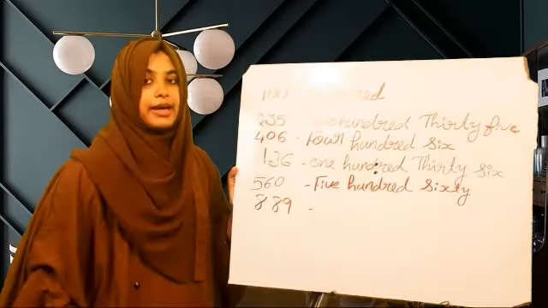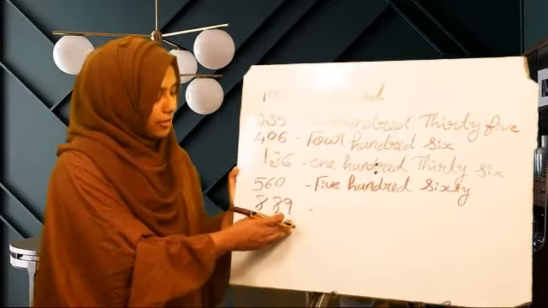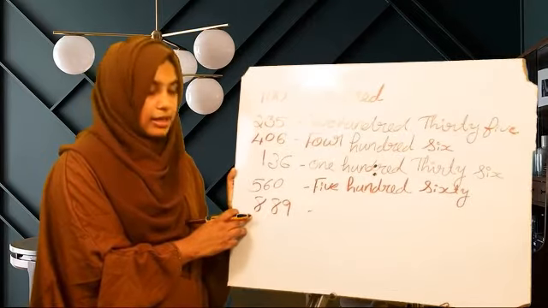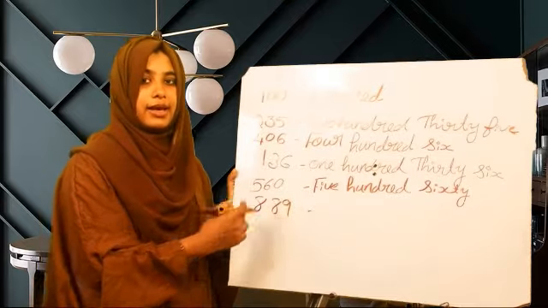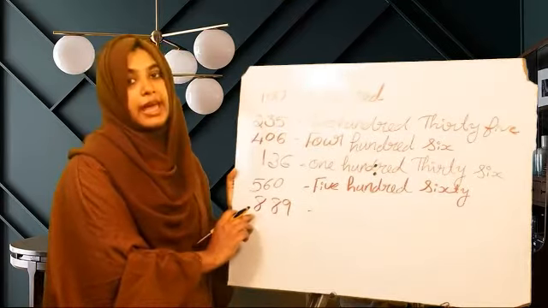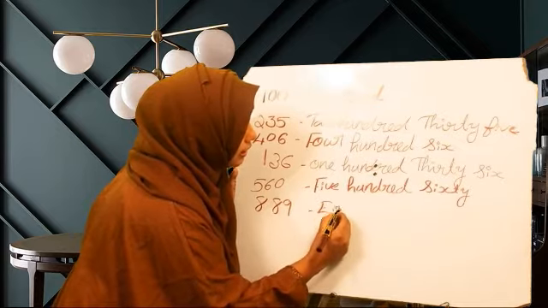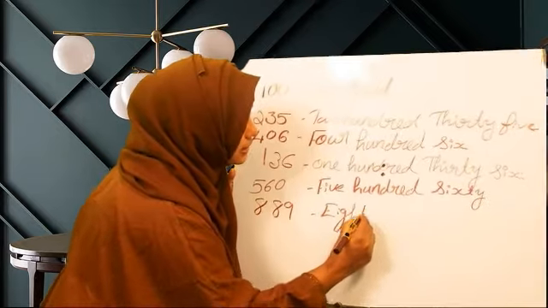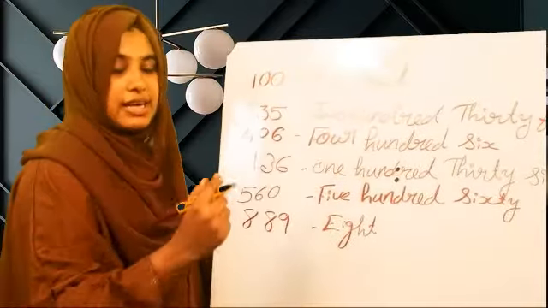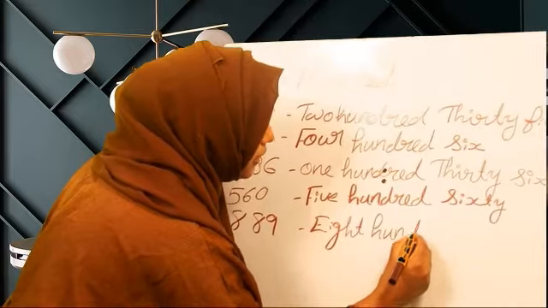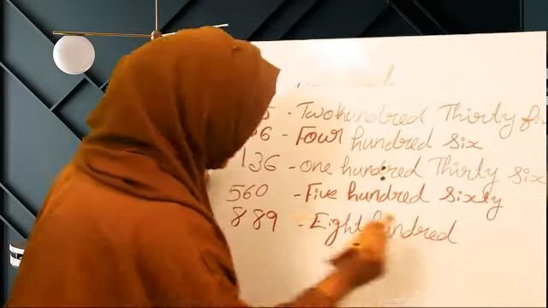889. The ones place is 9, the tens place is 8, and the hundreds place is 8. How do we write it? We already studied the spelling of 8: E-I-G-H-T. Then the spelling of 100: H-U-N-D-R-E-D.